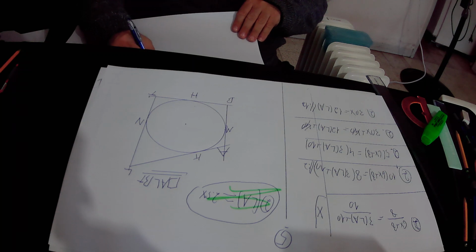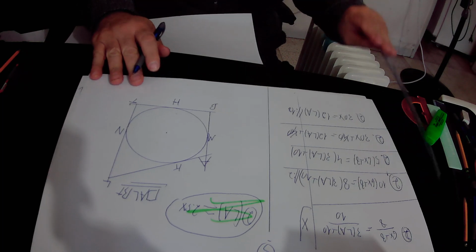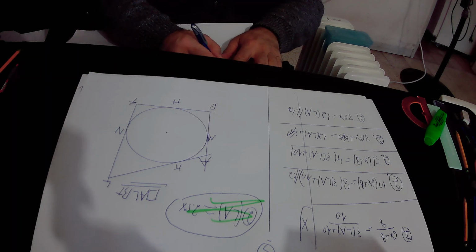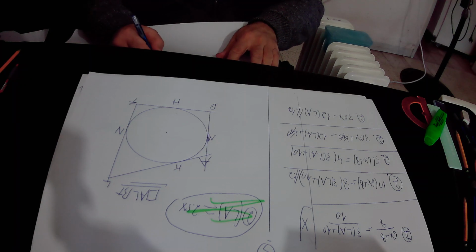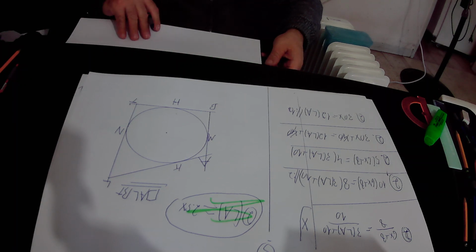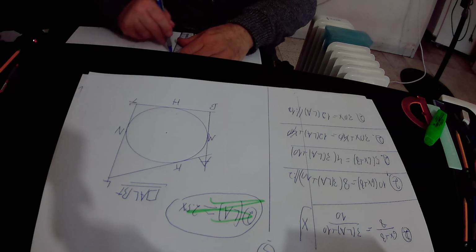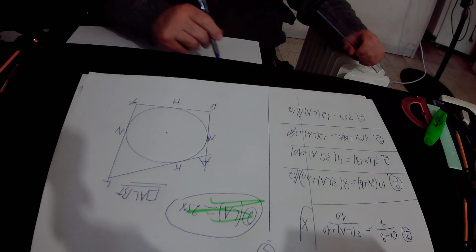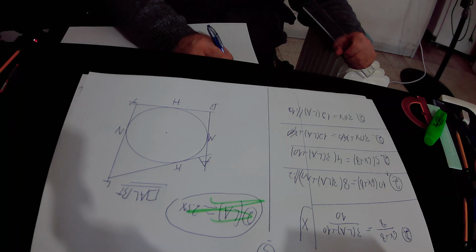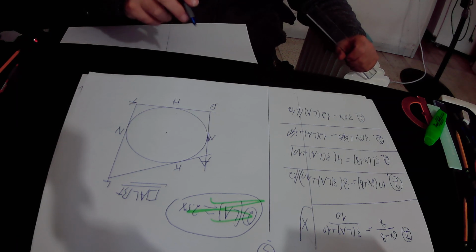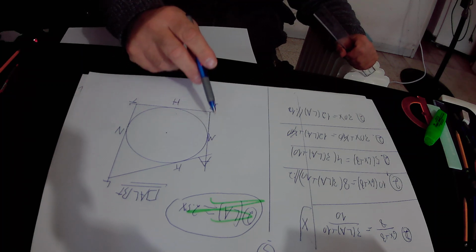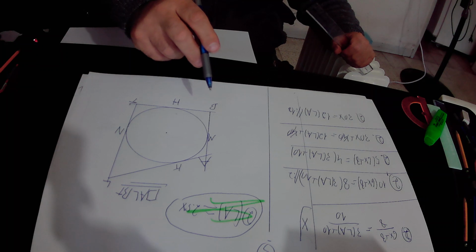Why? Because in our drawing, if we focus on the common external point, point A, from the common external point, point A, we have two tangents to this circle, tangent AK and tangent AM. And according to rule 2, they are equal to each other.